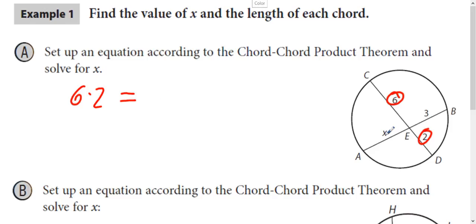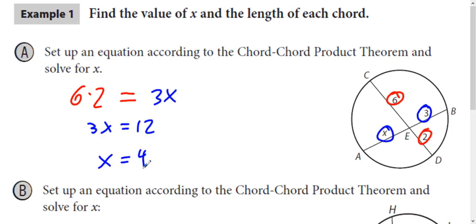And then the other chord has the X and the 3. Multiply those together. And then solve it. So 3x equals 12, so x equals 4. That's it. The two parts of one chord multiply together to equal the two parts of the other chord.